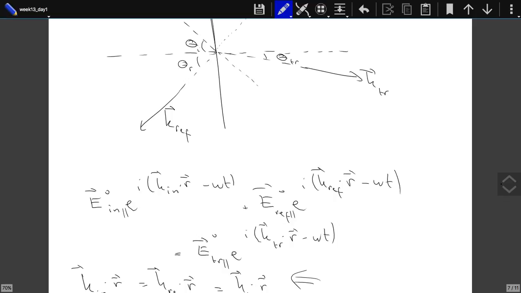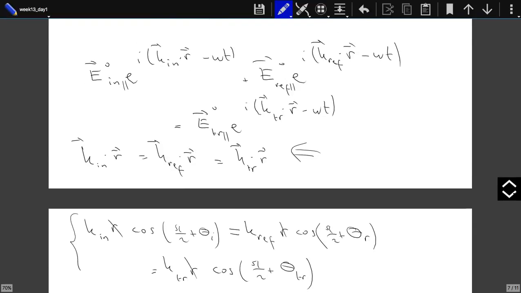Now, we can always assume that E is parallel. There's nothing that can go wrong over there. Now, E parallel is always continuous anyway, because curl of E is equal to minus the derivative of B, from which we can always derive the condition that the parallel component of E is always continuous. So there is nothing wrong with this equation.